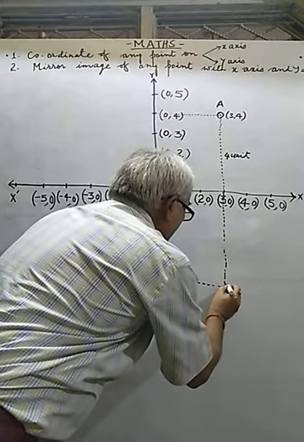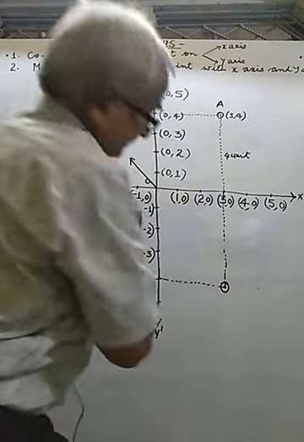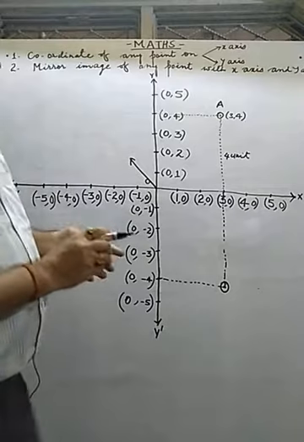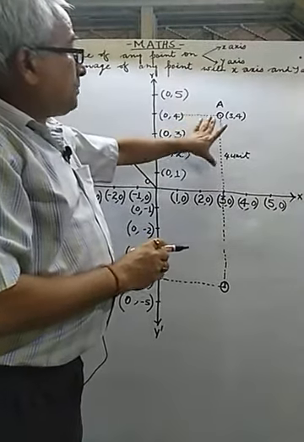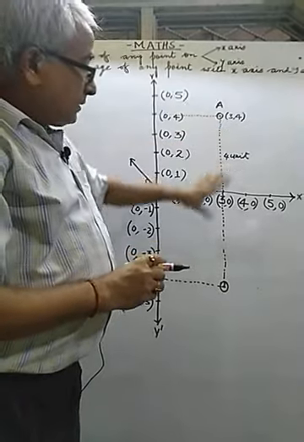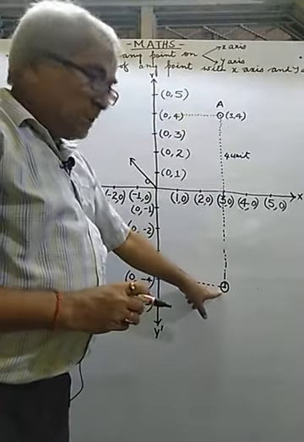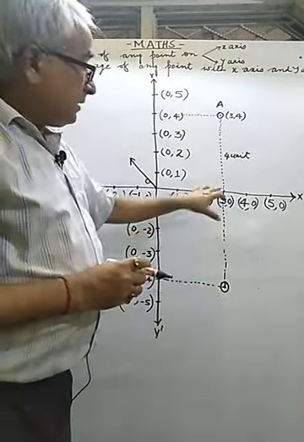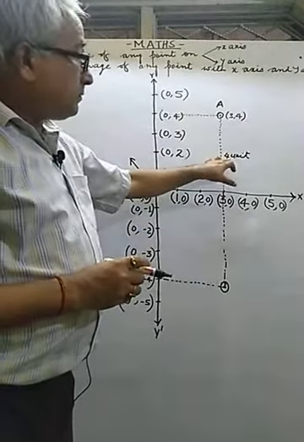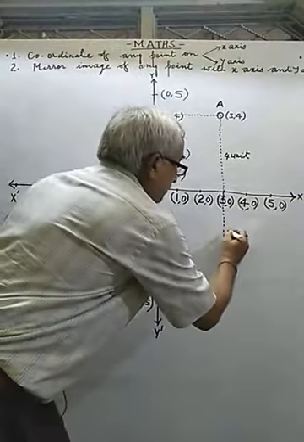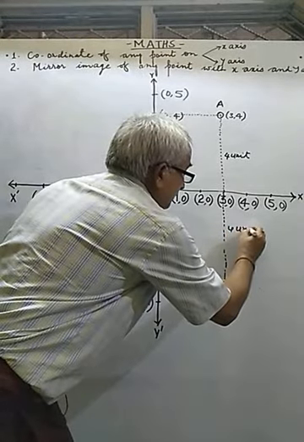Now this point will come here. Observe here. The distance from mirror to object is 4 units. Therefore, the image will be here because the distance from mirror to image will also be 4 units.